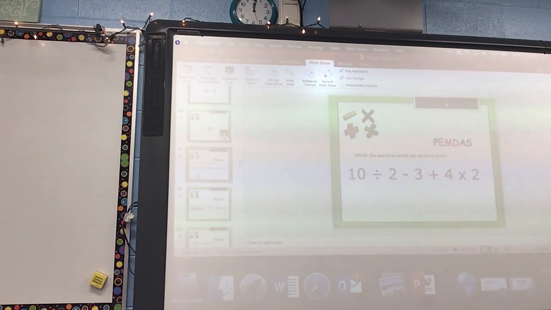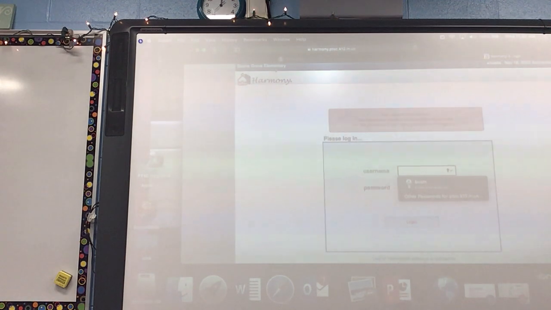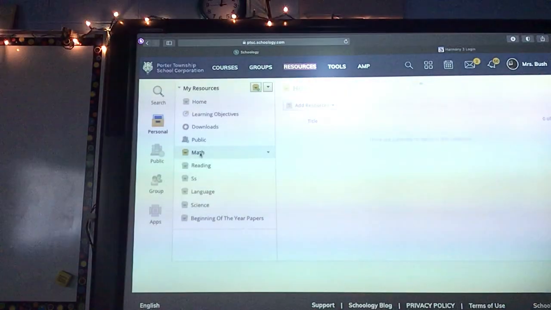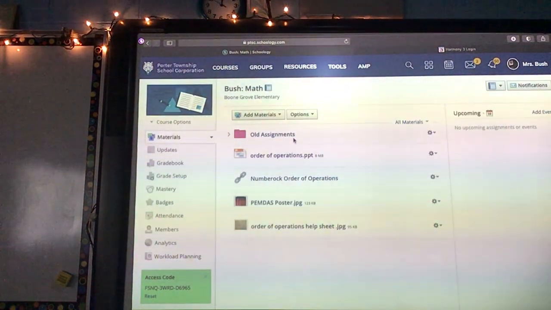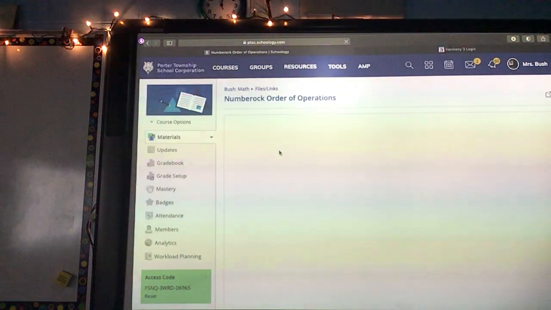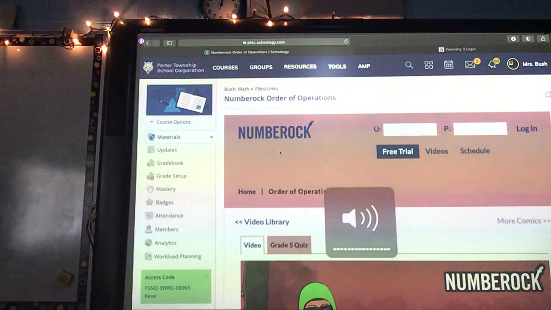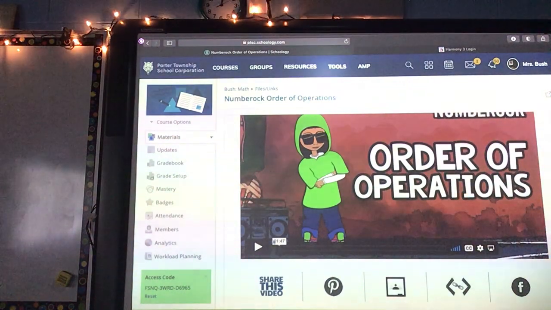If you go to Schoology and under math, you will see if you scroll down, it says Number Rock, order of operations. Also something you can use as a reference when you're working on your homework and maybe you can't remember a step. This could help you. Let me get our volume up. All right, here we go.